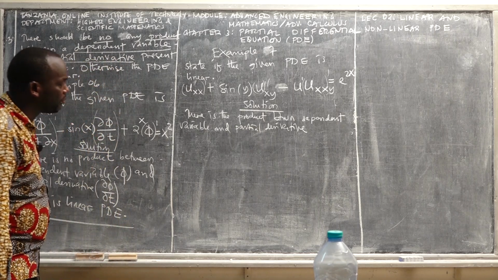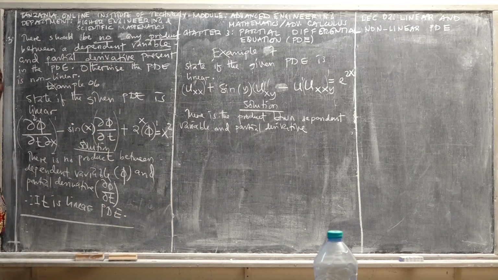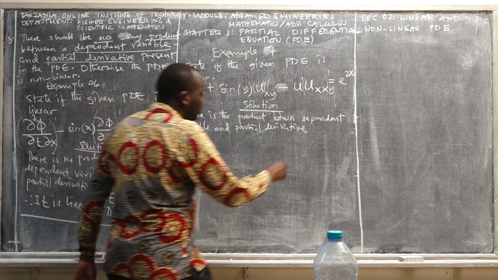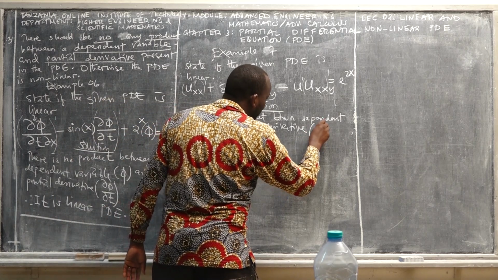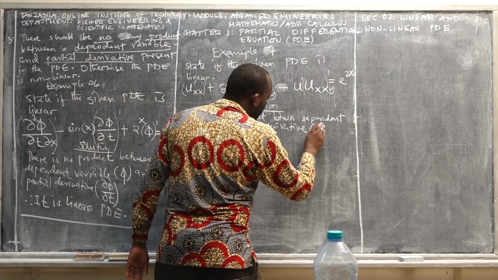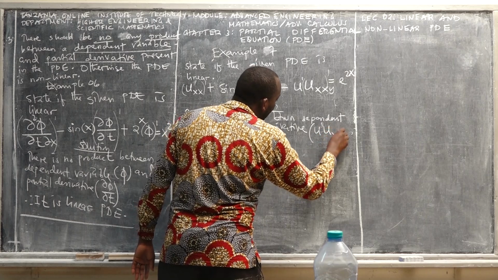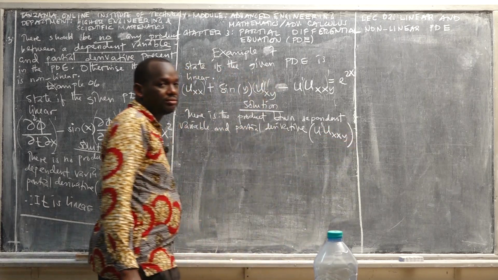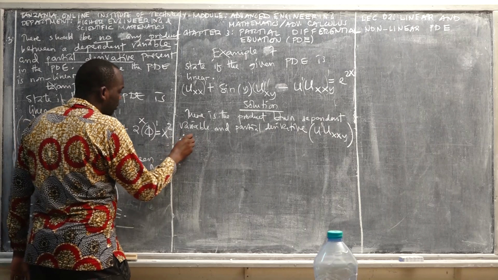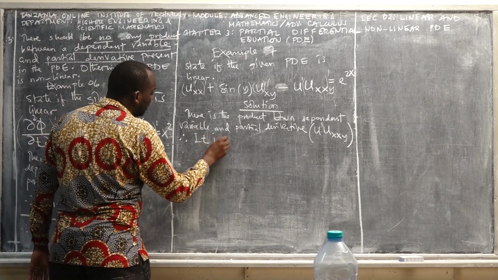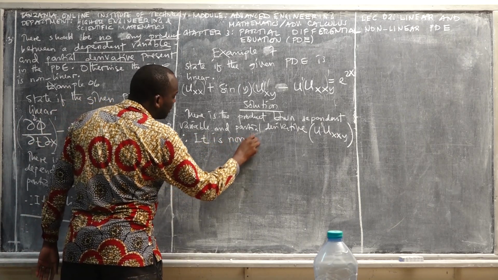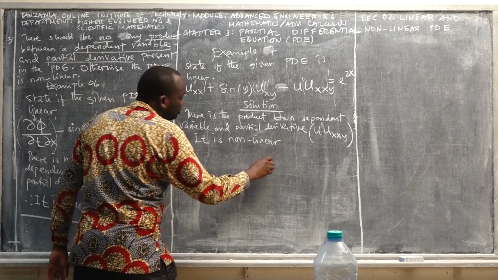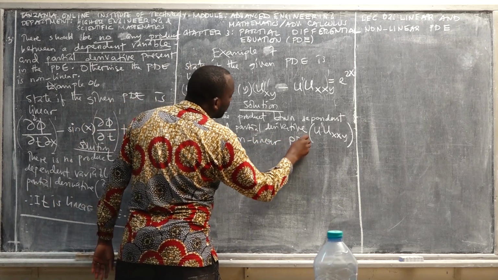There's a product between the dependent variable and the partial derivative. What's that product? u to the power 1 times u of x, y. Therefore, we say that it is a non-linear partial differential equation.